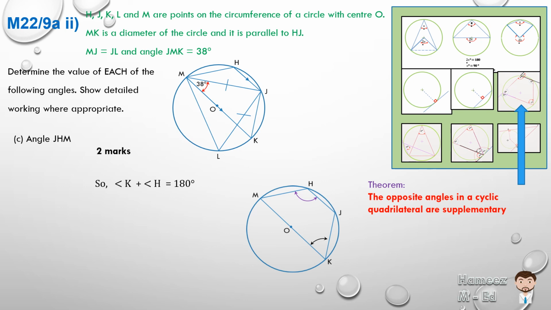And we know the angle at K, MKJ, we worked that out previously, which was 52 degrees. So let's substitute: 52 plus the angle at H is equal to 180. So angle at H is equal to 180 minus 52 degrees. So angle H, which is properly known as angle JHM, which is what we want to find, is 128 degrees. So using the cyclic quadrilateral properties, we're able to solve for this.